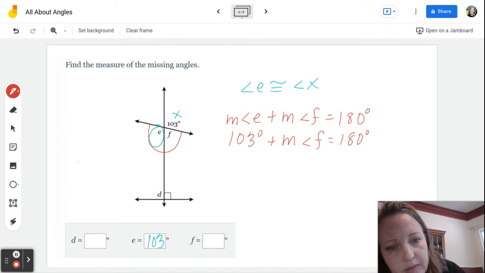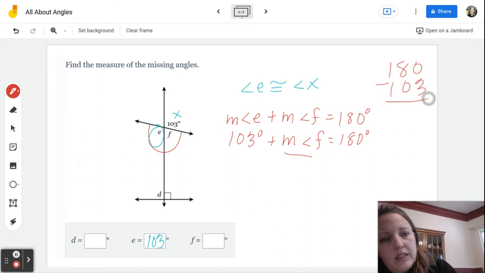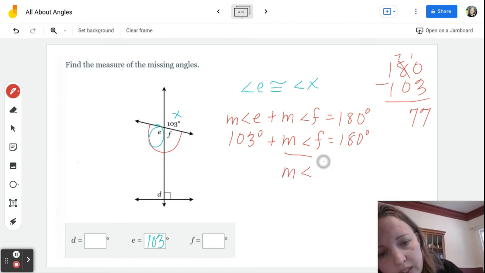Okay, so to find this missing angle, we're just going to subtract 103 from 180. So again, 180 minus 103. Calculate however you want to do this. 10 minus 3 is 77, right? So the measure of angle F is 77 degrees.